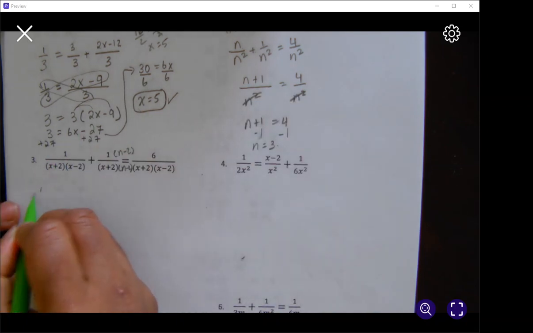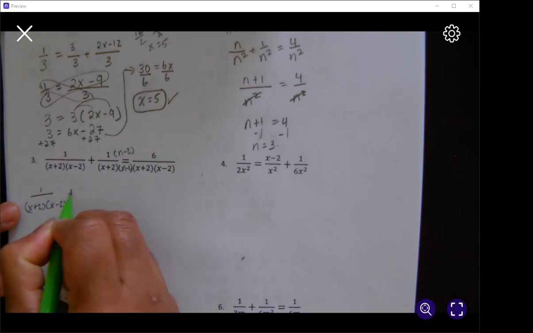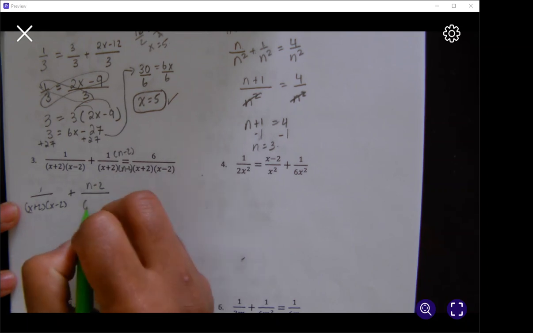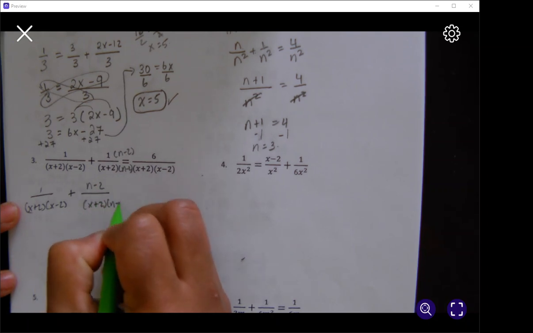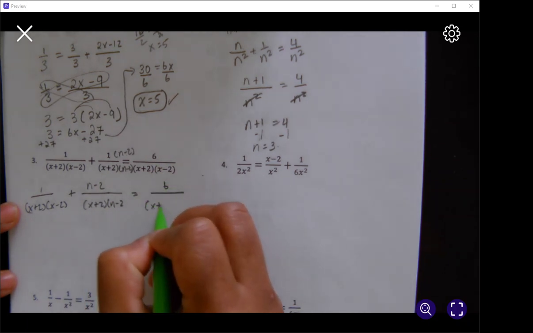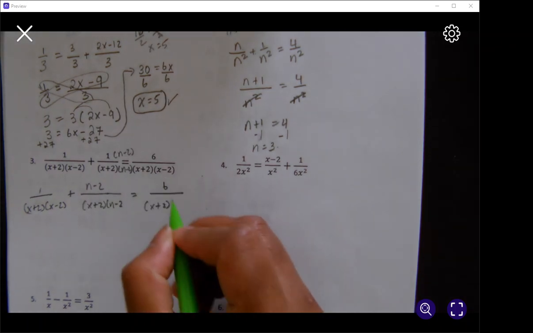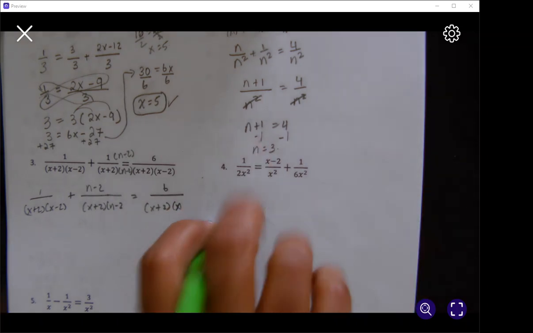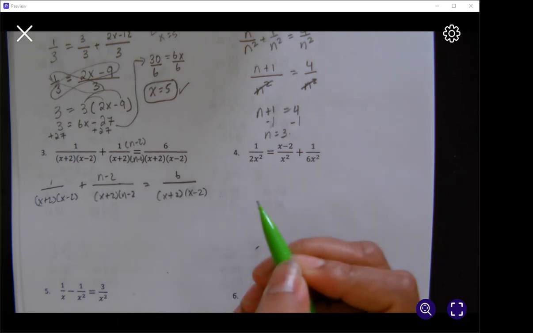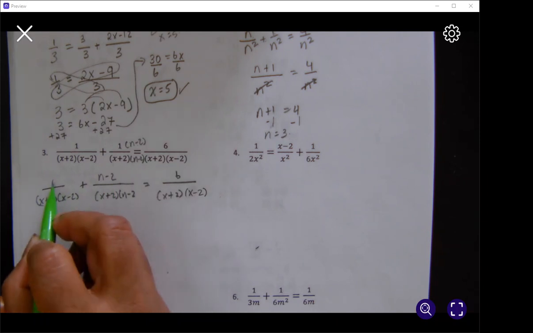So you have here 1 over x plus 2, x minus 2, plus, and then 1 times x minus 2 is just x minus 2 over all of this, equals 6 over x plus 2, x minus 2 here. Okay. And so in the numerator, you have 1 plus x minus 2, so that's just 1 minus 2.